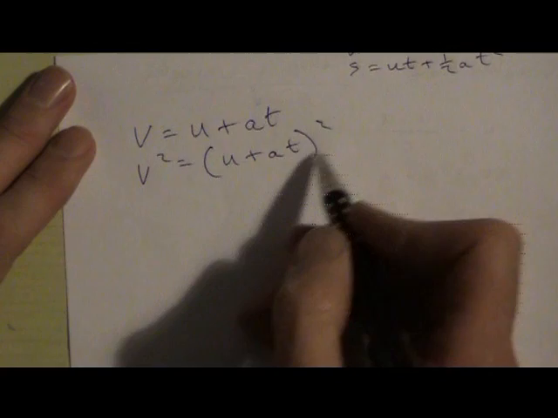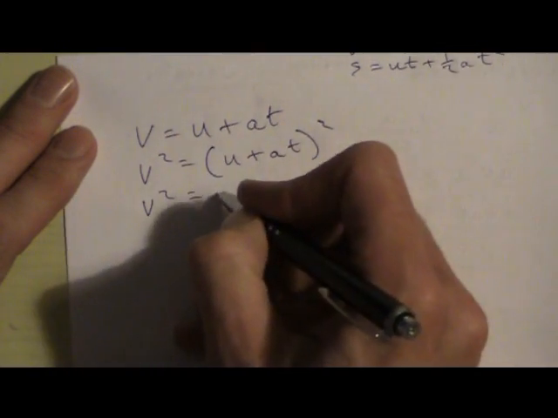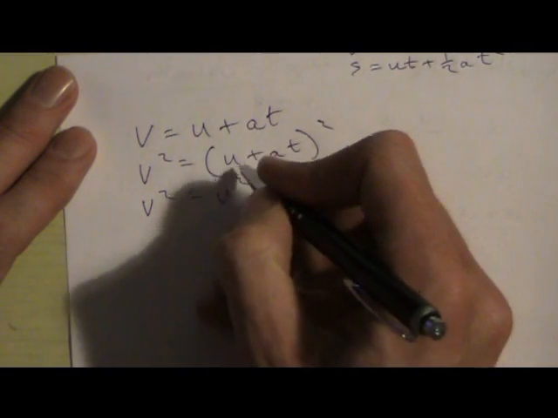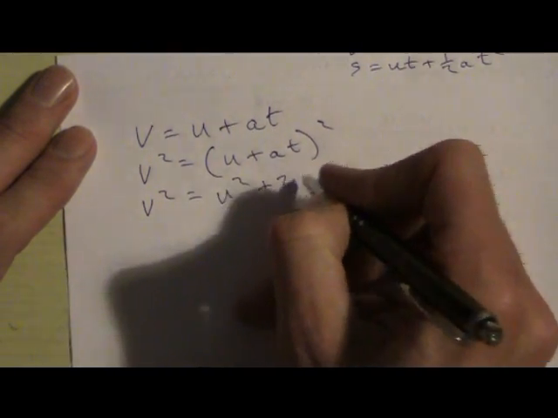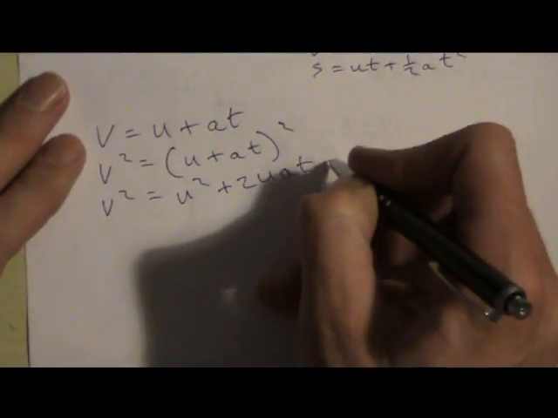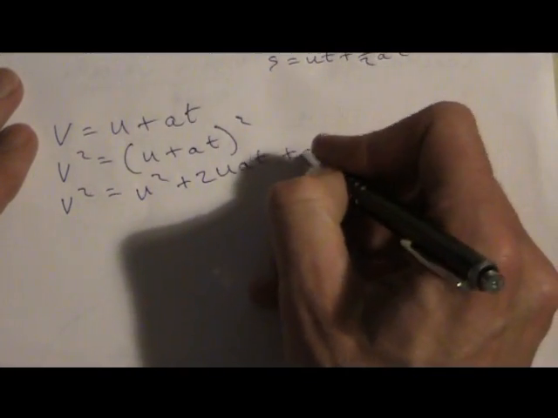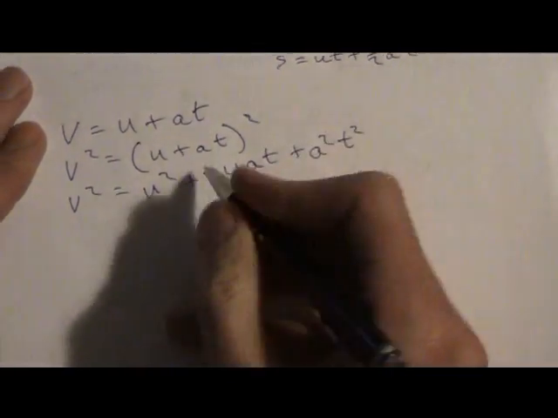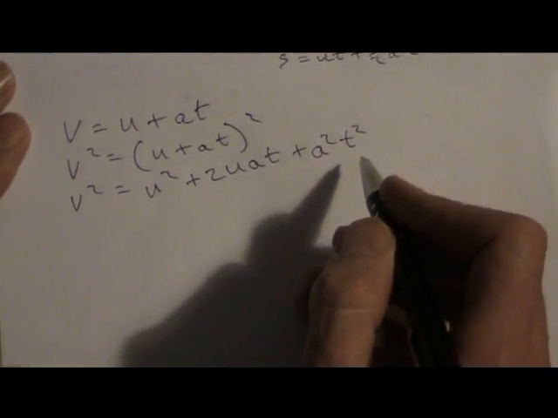Now, if you have two things in brackets that you square, you square the first, so that becomes u squared, plus 2 times the first times the second, plus the second one squared. Now if you square this, you get a squared t squared. At times at will give you a squared times t squared.